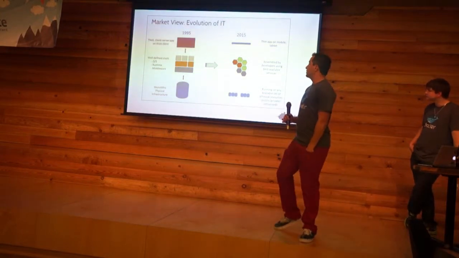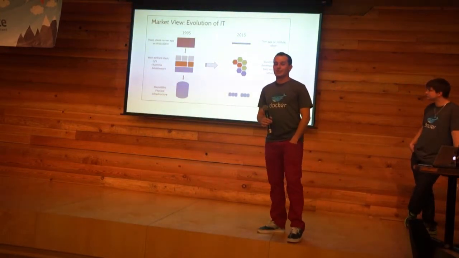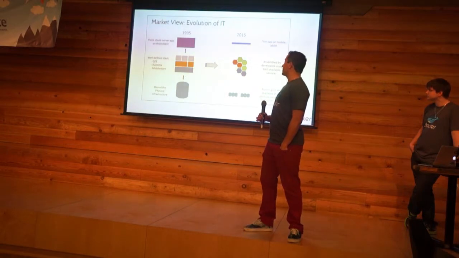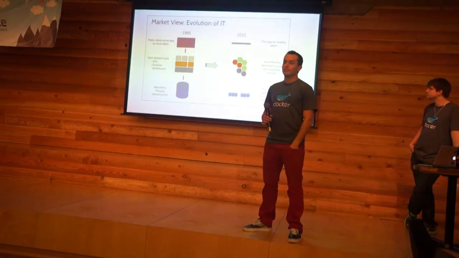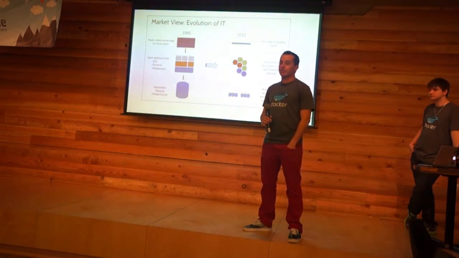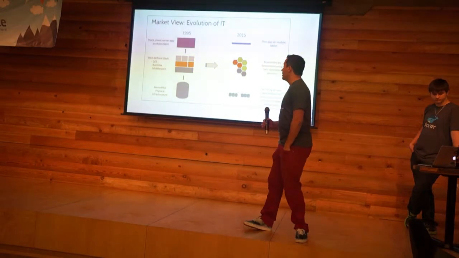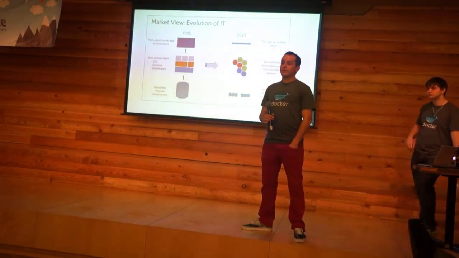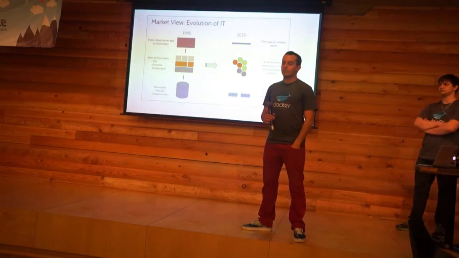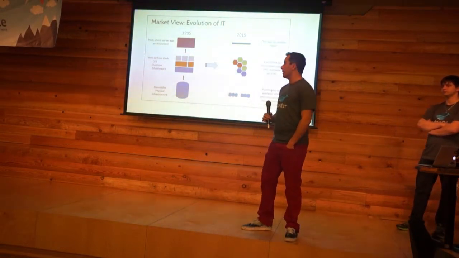Alright, so I'm sure if you guys have been to the Docker website, you've seen this slide. This basically shows the evolution of IT. So how applications used to be back in the 1990s, you would have just one big server, you would install everything, your database and your application, everything on it. And basically, you would have to replicate the same thing on your QA environment, your production environment, your stage environment, everything like that.